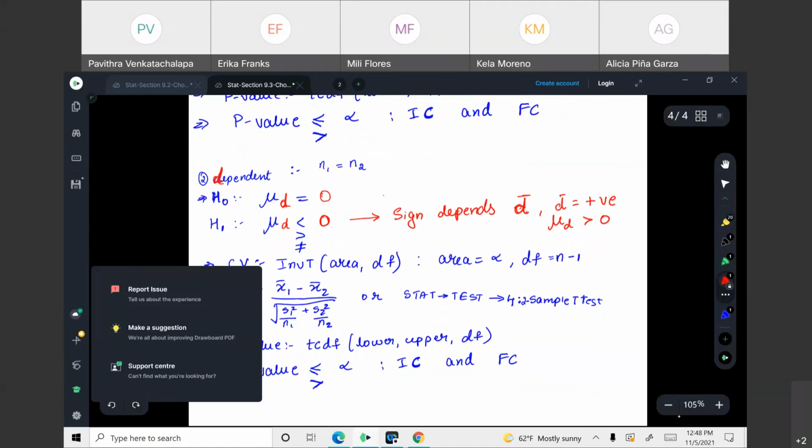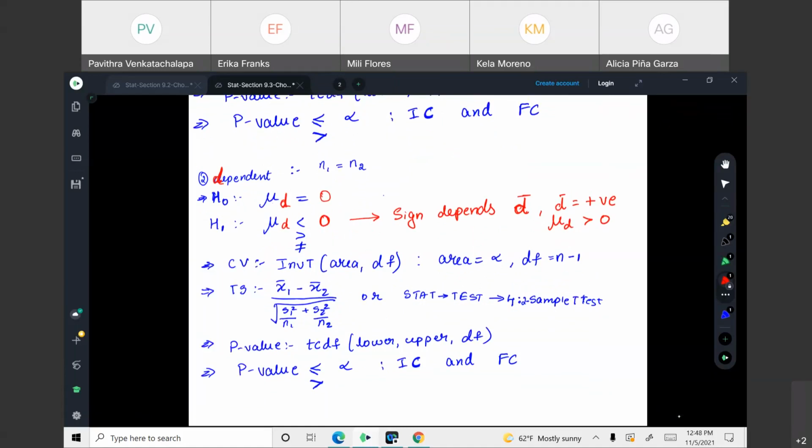So to find the test statistic, this is the formula. Okay. So it is d bar divided by s d divided by square root of n.